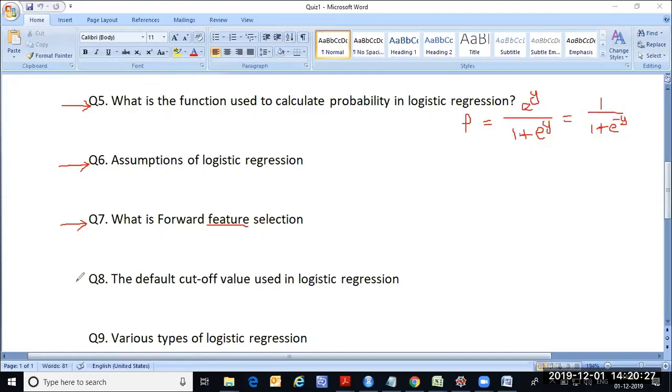The default cutoff value used in logistic regression. What is the default cutoff value we used? 0.5. The output or the predicted values of your logistic regression are the probabilities, right? How do you determine the output values based on these probabilities?